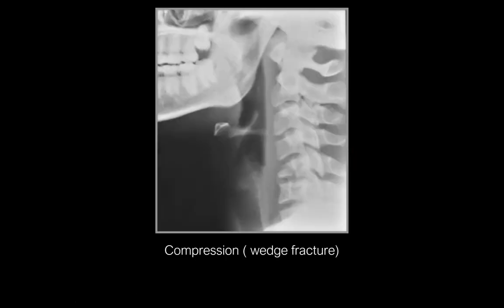And radiology, let's see the flexion compression. Flexion compression causes compression fracture, what we call the wedge fracture, where the anterior border of the vertebra is less than the posterior border. So this is wedge, and maybe the teardrop fracture is also a compression wedge fracture.